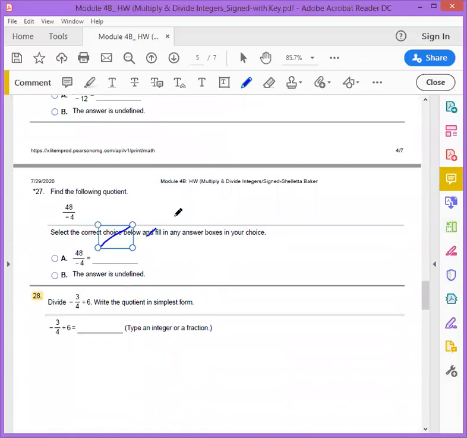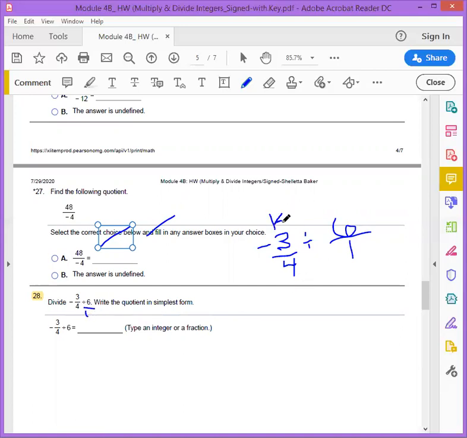And number 28, we're dividing -3/4 by +6. So we'll go ahead and change that +6 to a fraction by putting it over 1. Remember, you can make any whole number a fraction by putting it over 1.